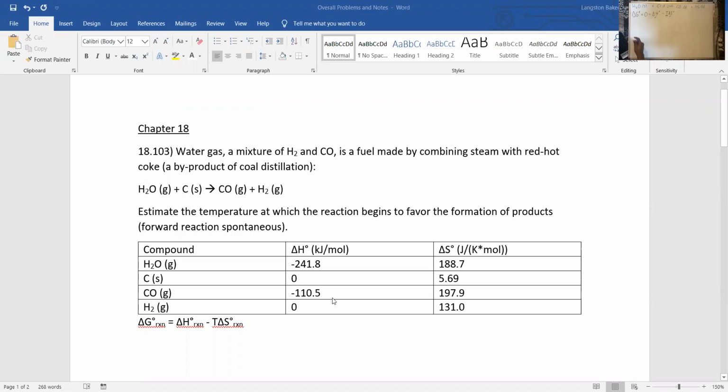So remember our delta H is just the, here, I'll just show you this.